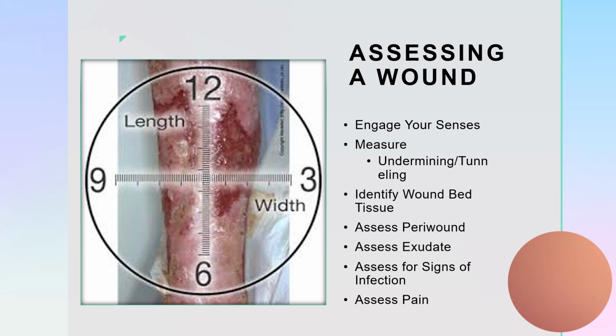Sanguinous exudate is straight blood. We can have a mixture of serous and sanguinous. We call that serosanguinous. And it can either look like a thin, watery blood, or it may just be blood tinged, so it might be just a pinkish color.